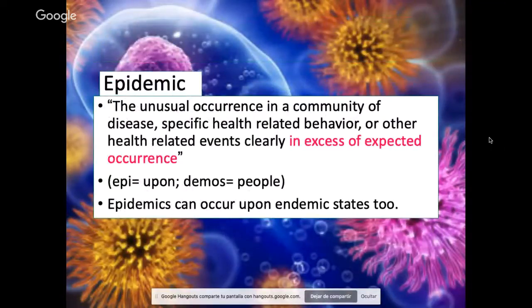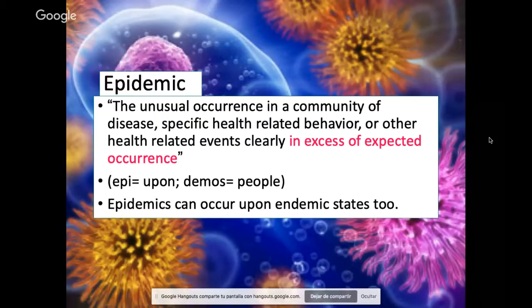Epidemic means the usual occurrence in a community of disease, specific health-related behavior, or other health-related events, clearly in excess of expected occurrence. Epi means upon and demos means people.